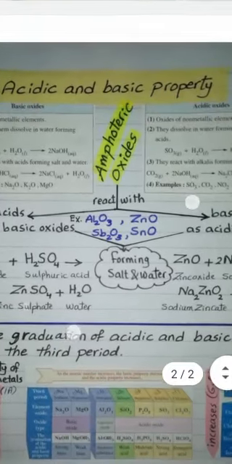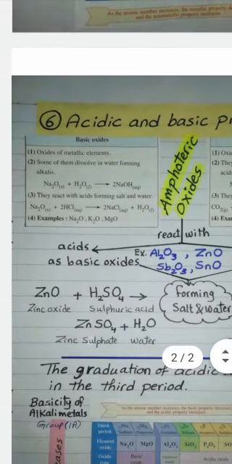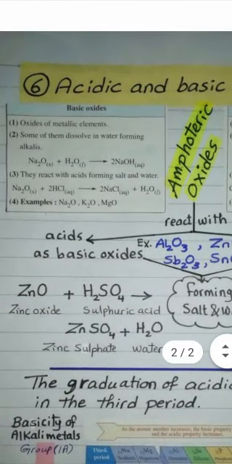First and second point of comparison. When metal combines with oxygen, it forms metallic oxide. The metallic oxides are usually known as basic oxides.